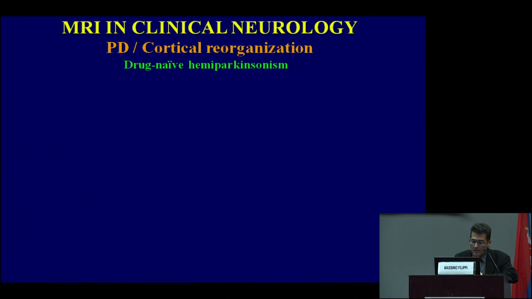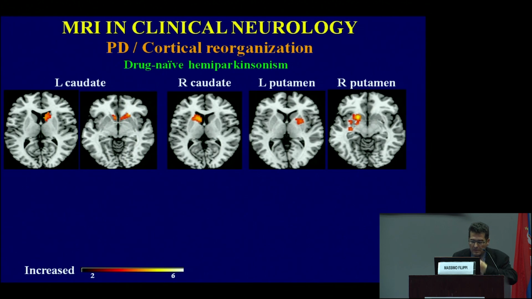Very briefly, because these are unpublished data that are coming out from the lab in the last few days, I have to congratulate Professor Kostic because he sent us thousands of patients, very many patients. So we are very busy assessing these scans.